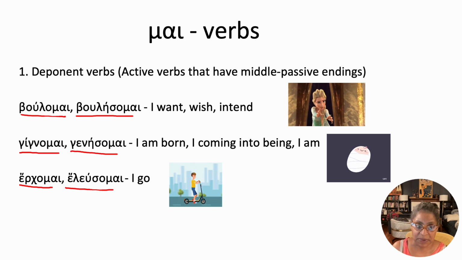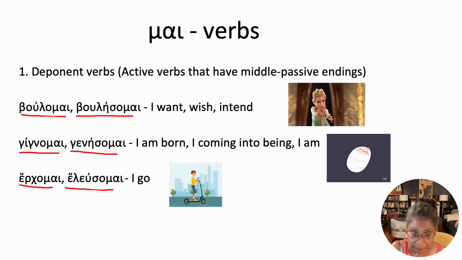All right, so we'll remember then that the deponent verbs have these mai verb endings, but they're not going to be middle passive, they're going to be active. So the ones that we've seen before: boulomai or bouleusomai, I wish, I want, I intend to do something.